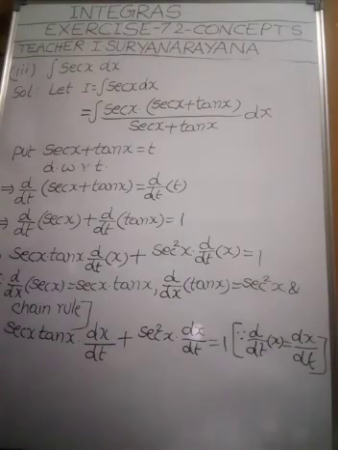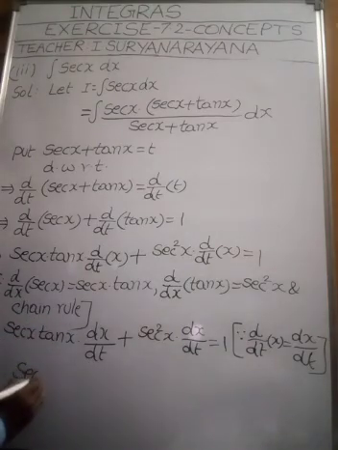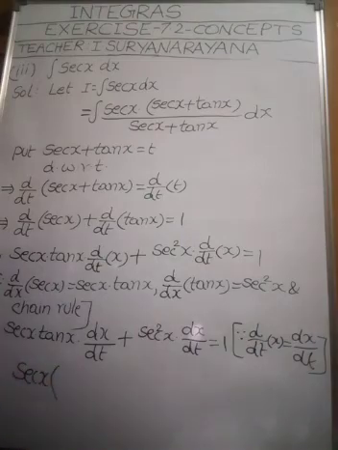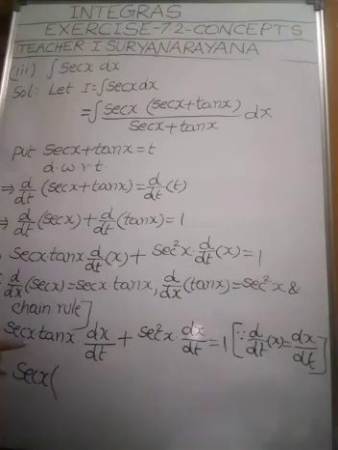If you observe these two terms in LHS, what is the common factor here? Secant x into dx by dt is a common factor, isn't it or not, my children? Yes. So I am taking the common factor out. So secant x, I write dx by dt at last, that factor. If you take secant x from both terms, what will you get here?